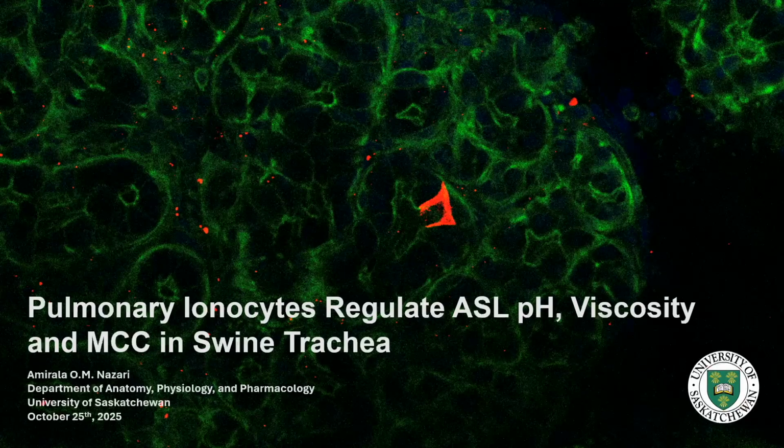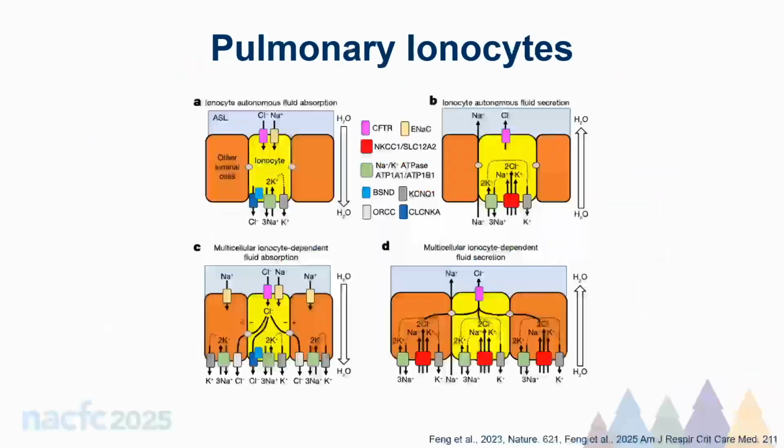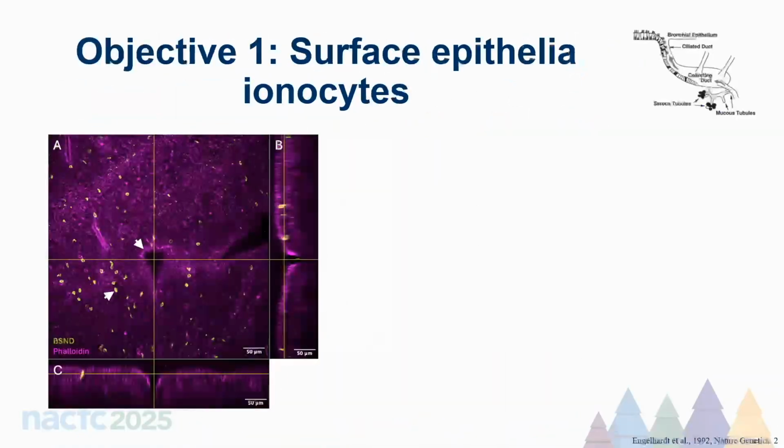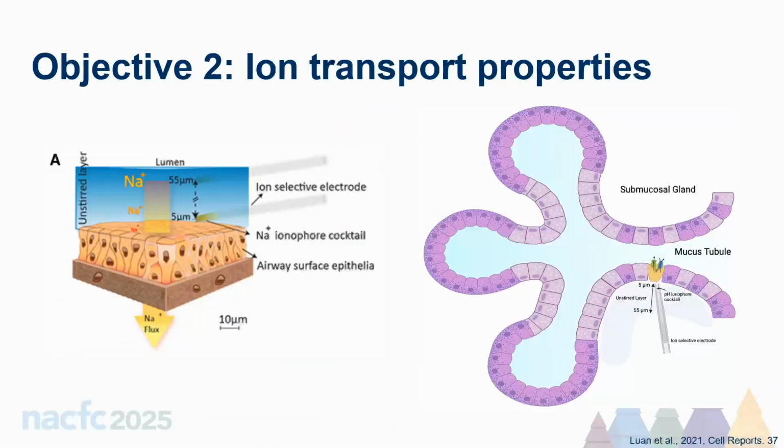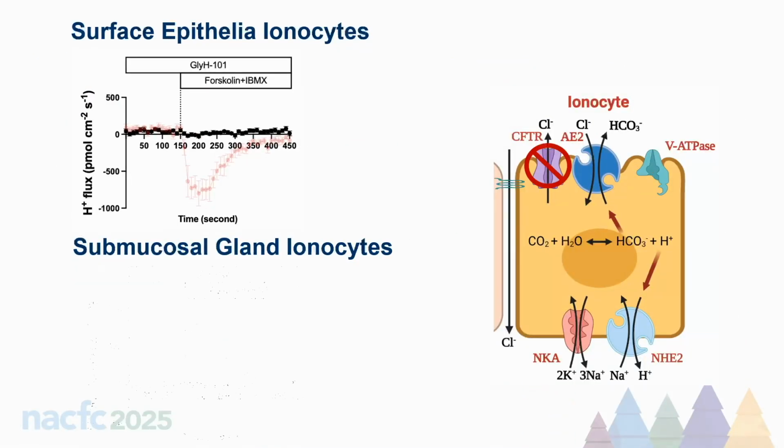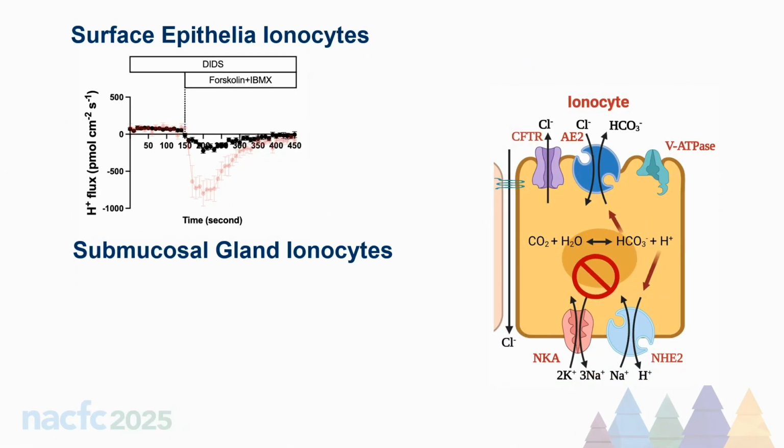Okay, and what rules out that bicarbonate goes through CFTR? Yeah, data has shown that the CFTR transporter is 4 times less permeable to bicarbonate than chloride. And I'm glad you mentioned it, because in our SERSM data, when we block the ionocytes with the IDS, we do see a very small response of this proton depletion.